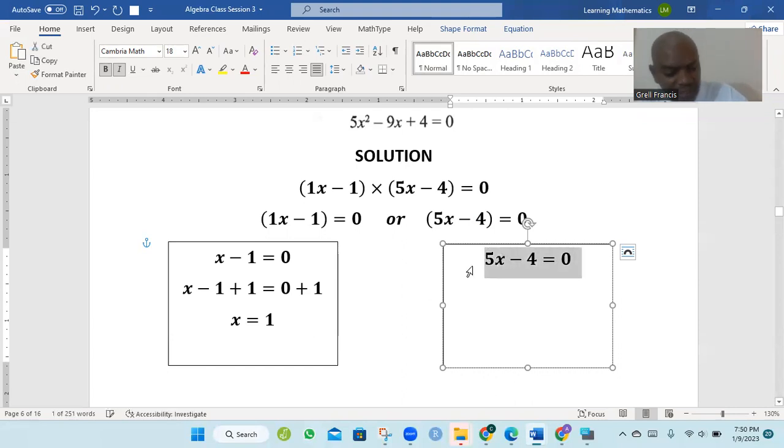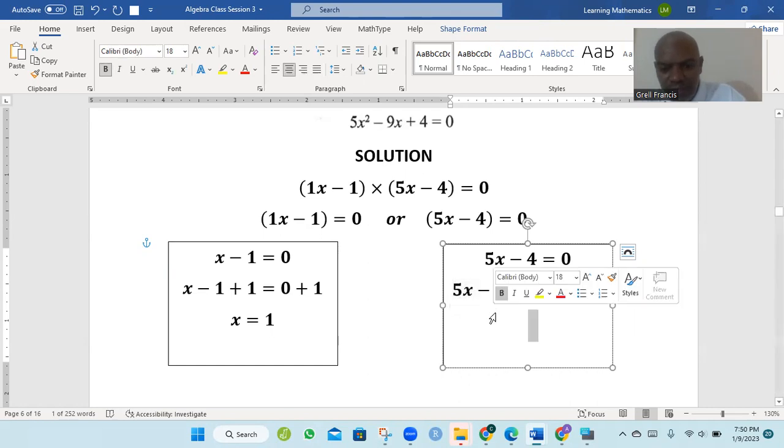To cancel out a negative 4, you do the opposite operation, which is a plus 4. If you put a plus 4 on the left, you have to put a plus 4 on the right for the equation to balance. So negative 4 plus 4 cancels out negative 4.